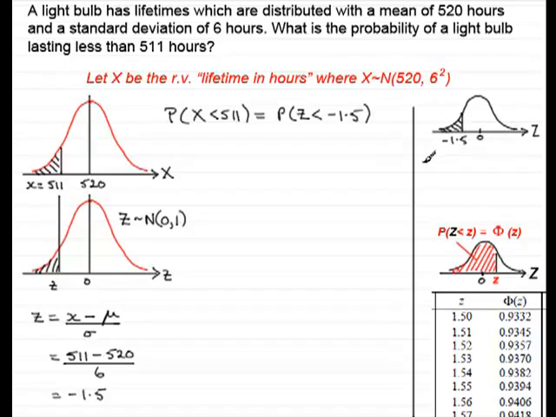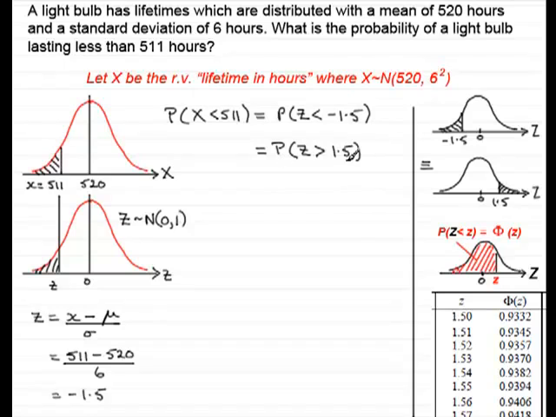So we can say that this is identical to drawing the curve again and looking at plus 1.5 over here and looking at this area here. So these two areas are exactly the same. So this is saying that it's equivalent to the probability that z is more than 1.5.